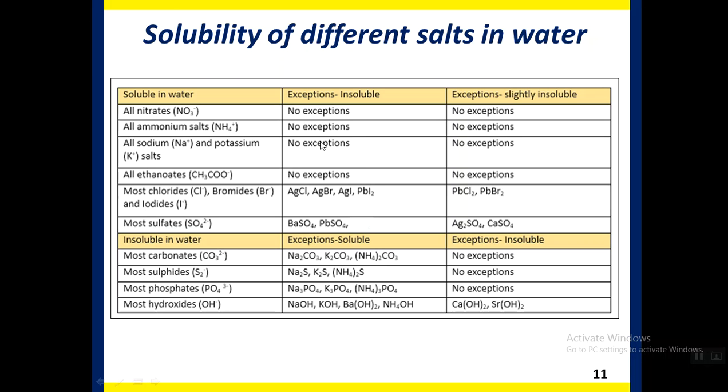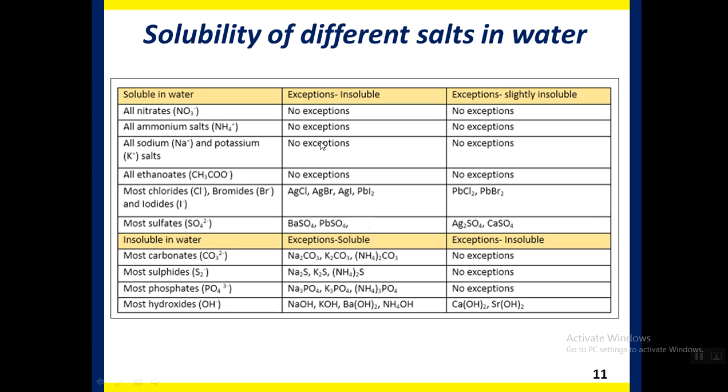If you consider the sulfates, most of the common sulfates are soluble except lead 2 sulfate, barium sulfate, silver sulfate and calcium sulfate, right? And if you consider the carbonates, most common carbonates are insoluble except sodium carbonate, potassium carbonate and ammonium carbonate, right?